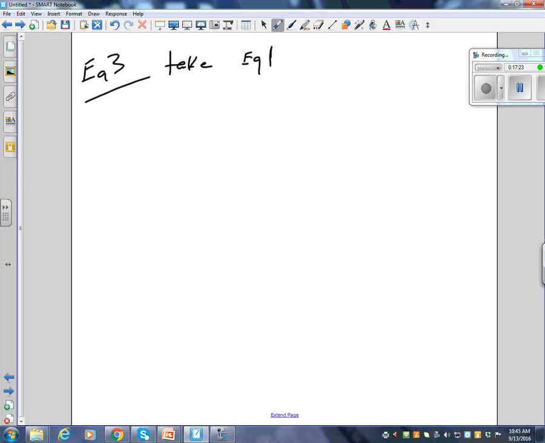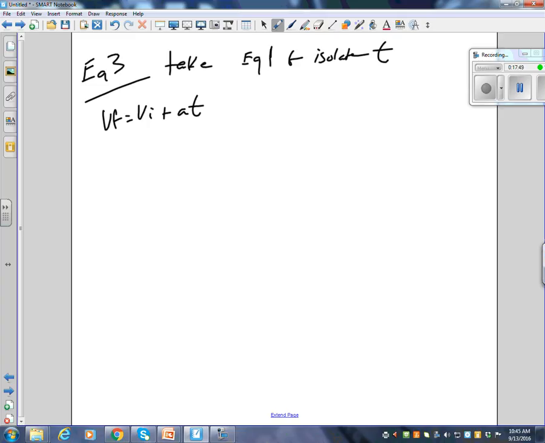Take equation 1 and isolate T. So we're going to take VF equals VI plus AT, and we're going to write it as T equals. Now, some of you can probably do this mentally, some of you probably can't.